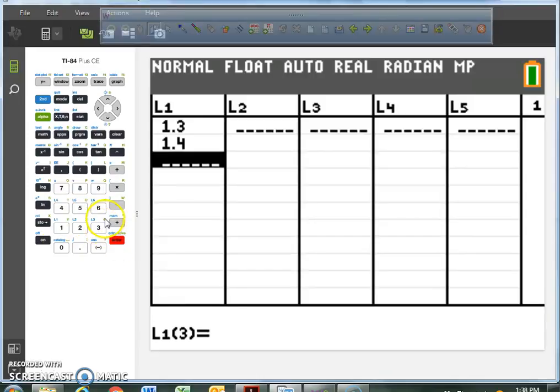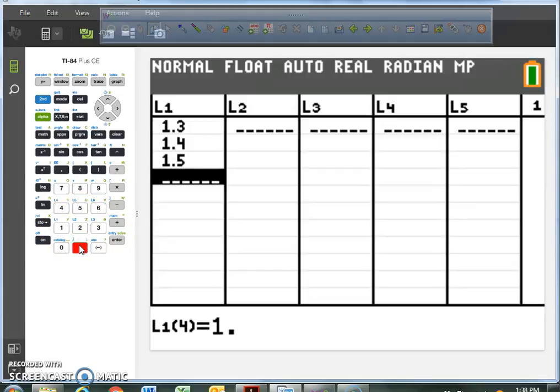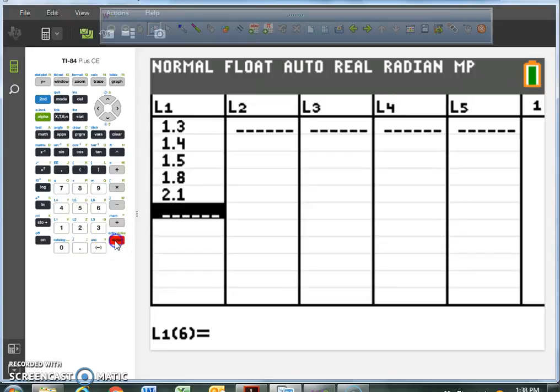All right, look at your paper over here. You're doing 1.4. Skip the 2. Don't put 2 in. 2.1. Now, if you accidentally type in something and you need to delete it, Ariel, just go up right here and hit delete. And it'll get rid of it. Okay, good. 2.4.